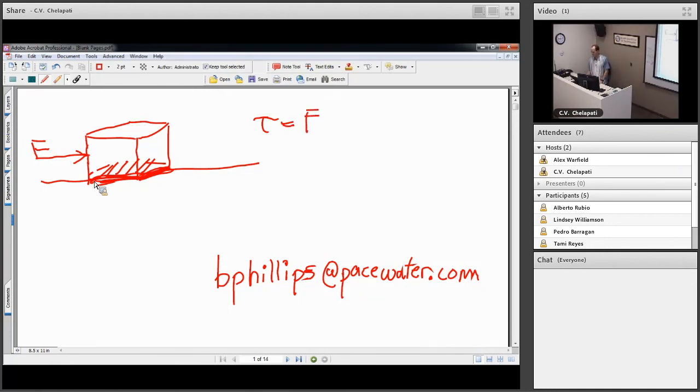But if we have a stationary object like this, the velocity is 0. As you get further away from the object, because of the shear stress, the fluid is moving. If we plotted a velocity profile, it's going to look like this. We'll talk about this later; it's going to become important to us. But I just wanted to talk about what the definition of a fluid was.